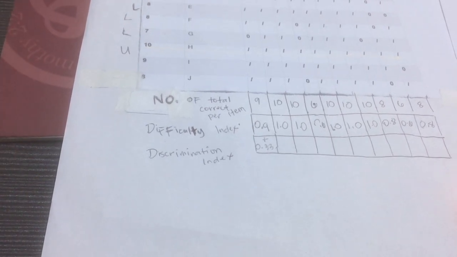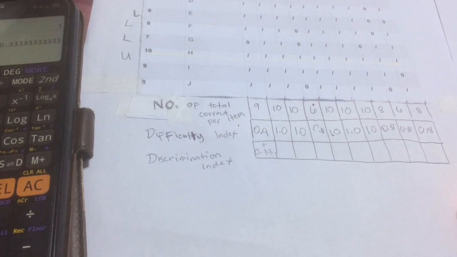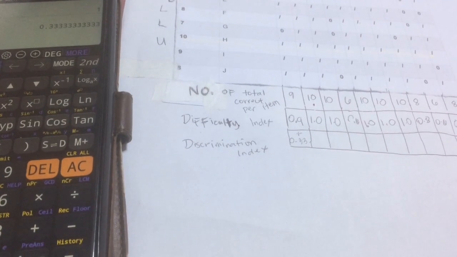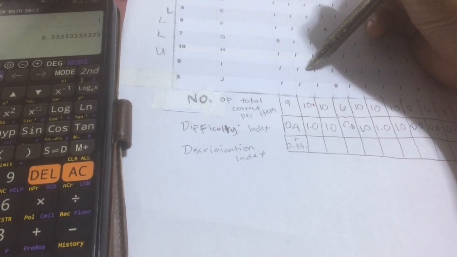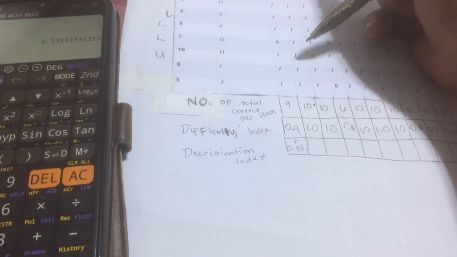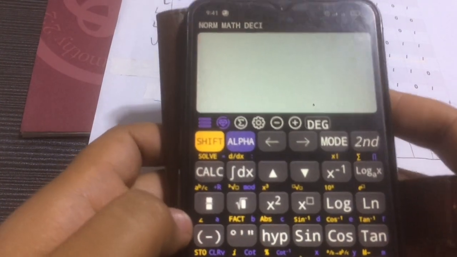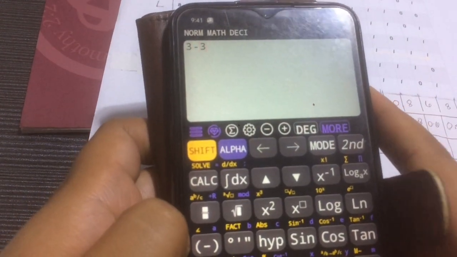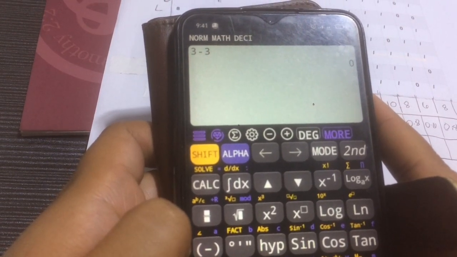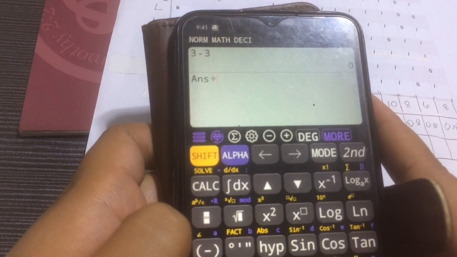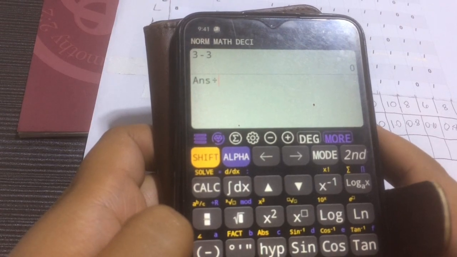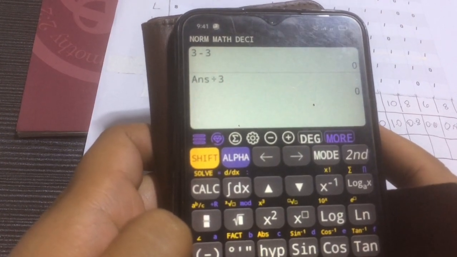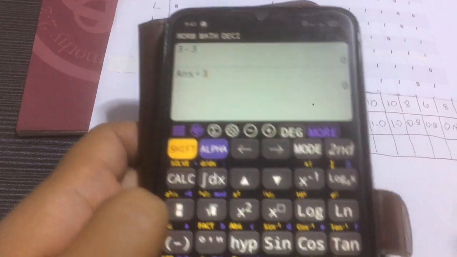So, let's continue with item number 2. The upper group is correct, and the lower group is also correct. So let us calculate so you can see. 3 minus 3 is equal to 0, divided by 3 is equal to 0.